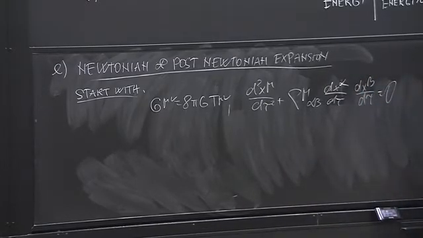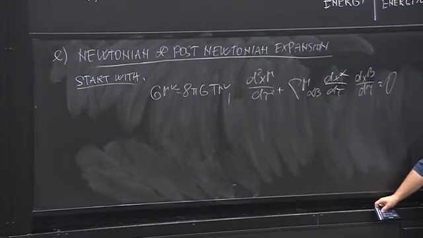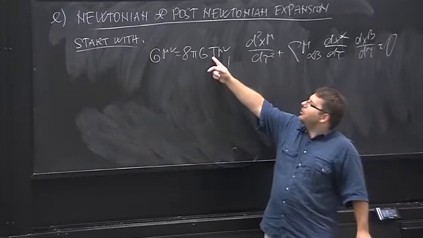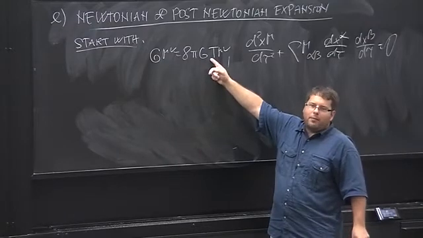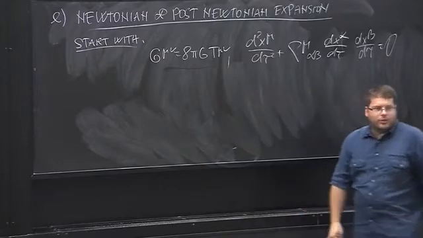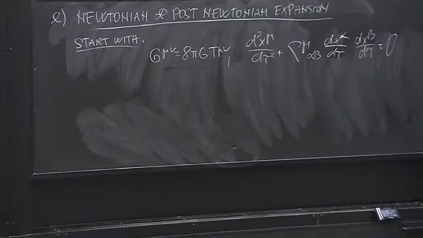Okay, so let's look at various limits of this. In the first instance, what I haven't really shown you is this alpha m here. I said this alpha m will have to be equal to 1 in order for this equation to reduce in the Newtonian limit to the Poisson equation. That's what I want to show you now.